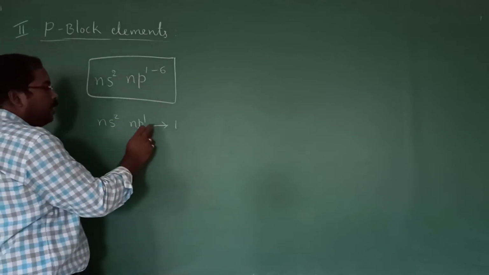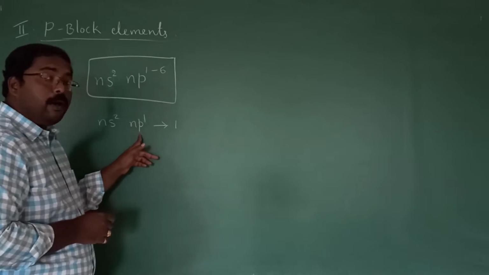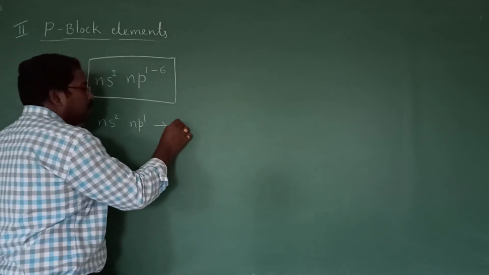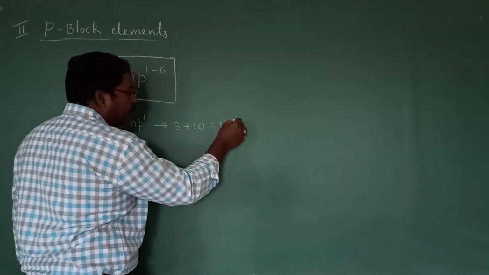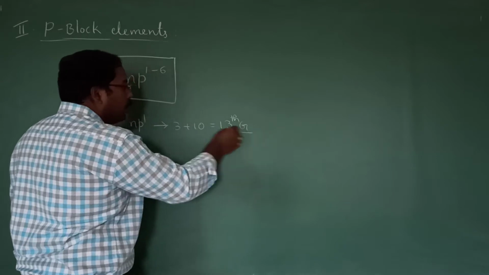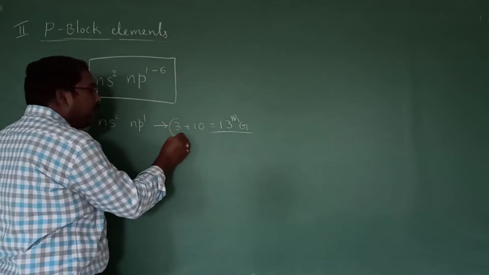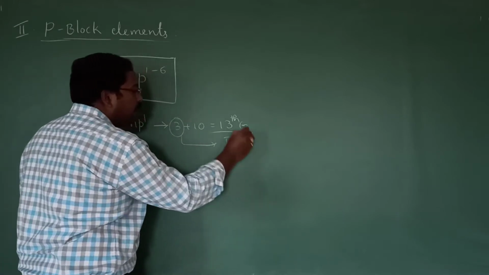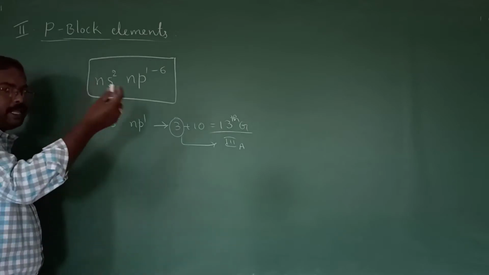In the same way, for a p block element, we add 10 to the number of valence electrons. So 3 valence electrons plus 10 makes 13. So the element belongs to the 13th group. There are 3 valence electrons, so it belongs to group III A. Let us look at another example.